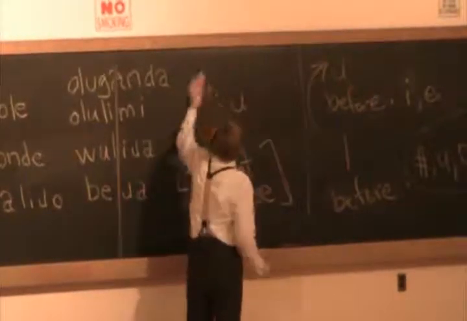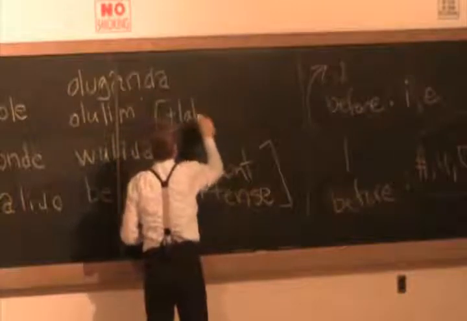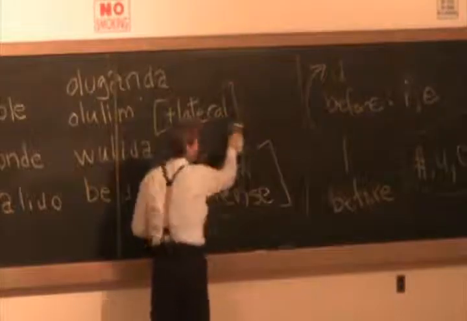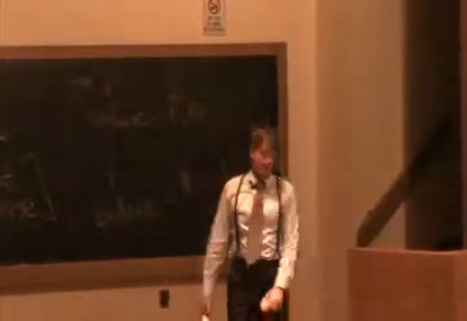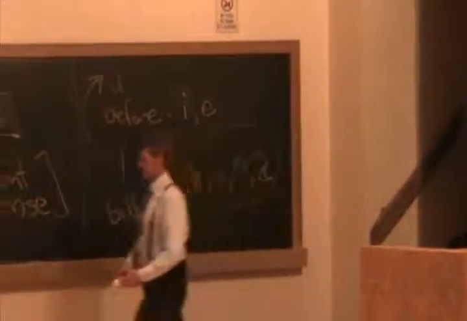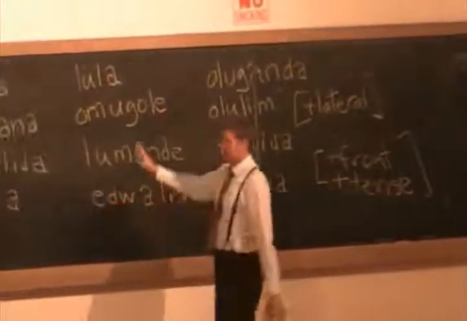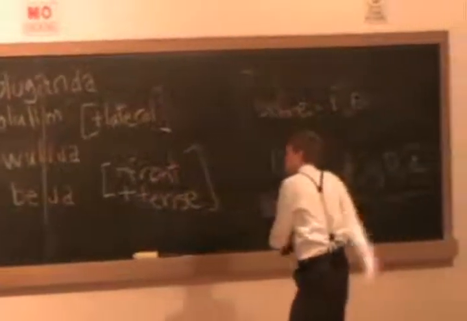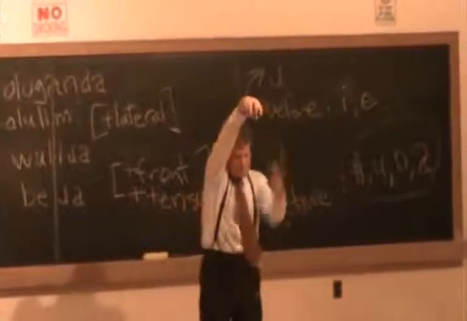Actually, as far as your feature chart goes, la is the only sound that is plus lateral at all. But for Ganda in particular, it's the only sound that's plus lateral. Wa isn't, ba isn't, ma isn't, da isn't, and so on. So what we've done now is we've reached in, we found la, and now we have la.